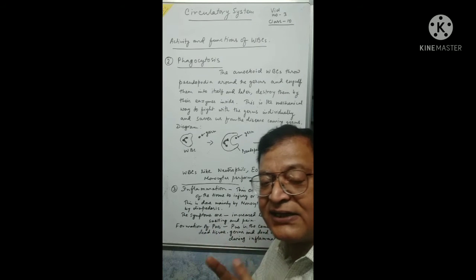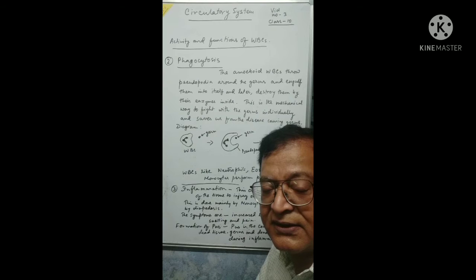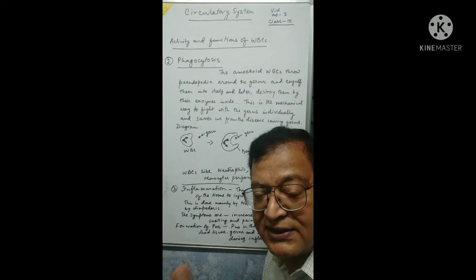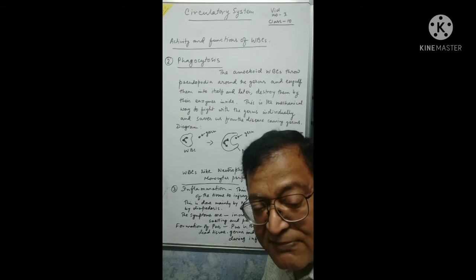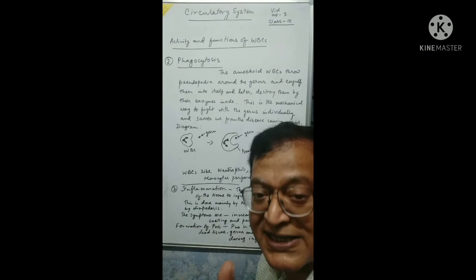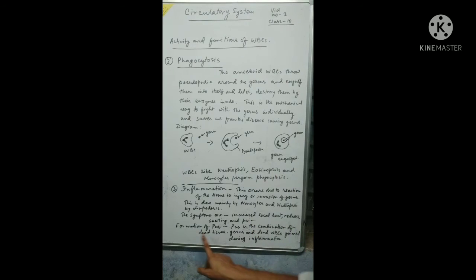Now, due to that activity, after a certain period of time, when the time passes, this inflammation comes down, and then it forms the kind of substance called pus, P-U-S, pus. Formation of pus, I think you can see it, though it is the lowermost portion of the board.